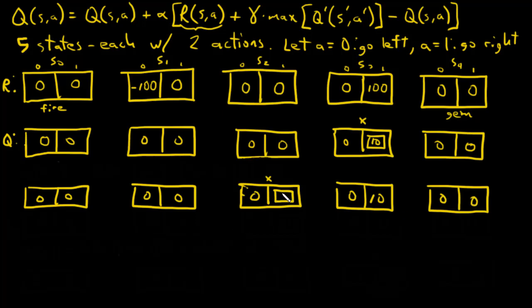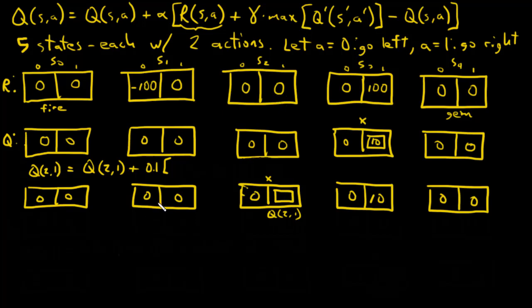Okay. So now I'm going to update this one. And again, this is Q21. Alrighty, so I'm going to use the Bellman equation. So Q of 2, 1 equals Q of 2, 1 plus 0.1 times, what is the reward located for this location in this state in action?